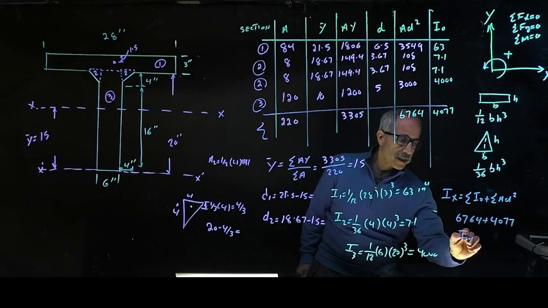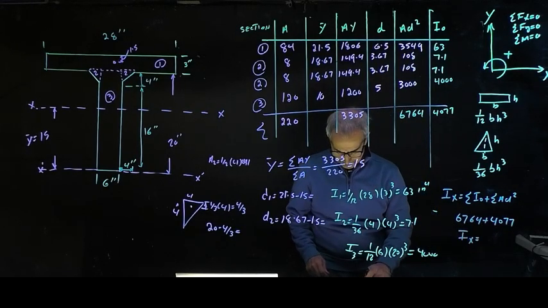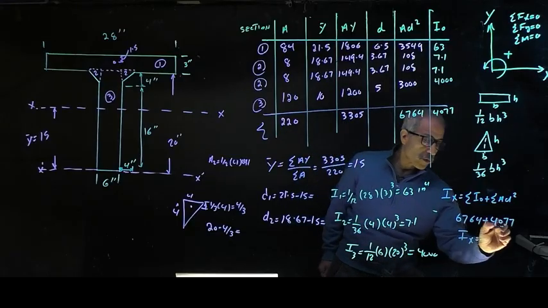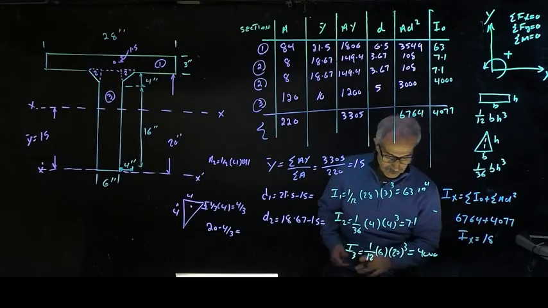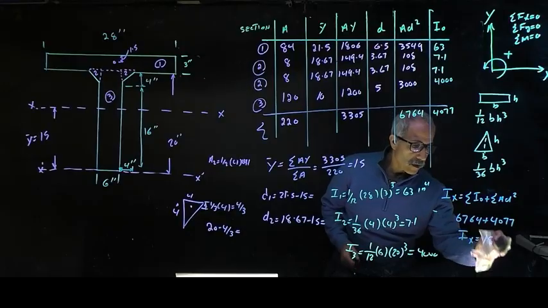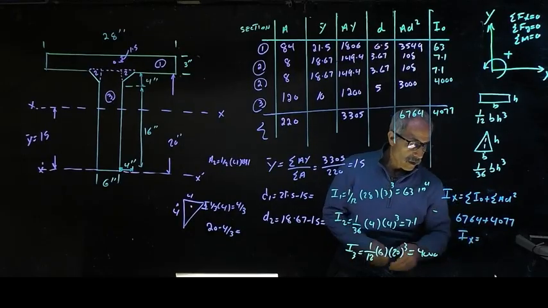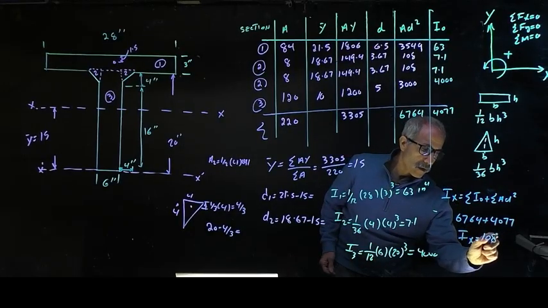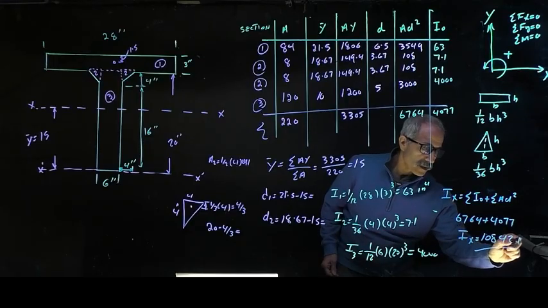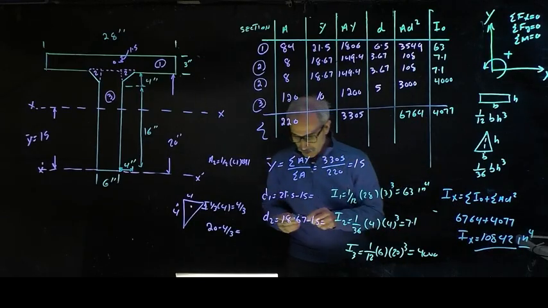So Ix comes out to be 10842. That's the answer, inch to the power 4.